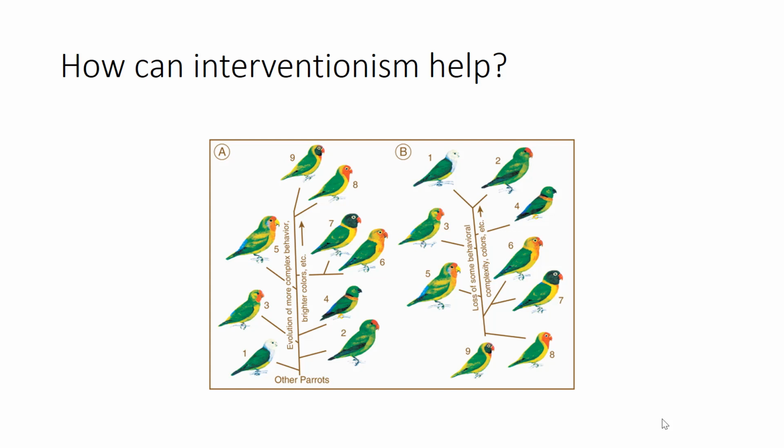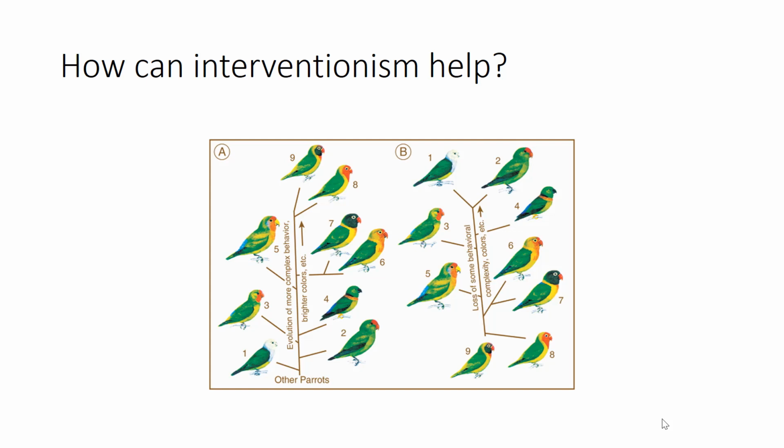The assumption is that the ancestor is going to be a more basic form, and as speciation happens, it's going to happen in a lot of ways by accumulation of new features.